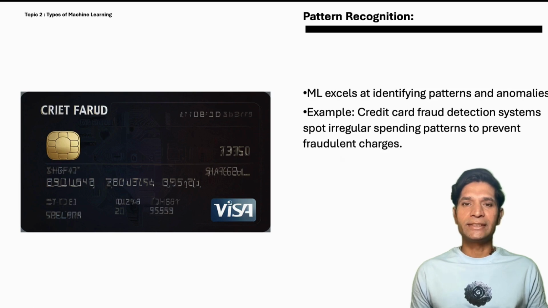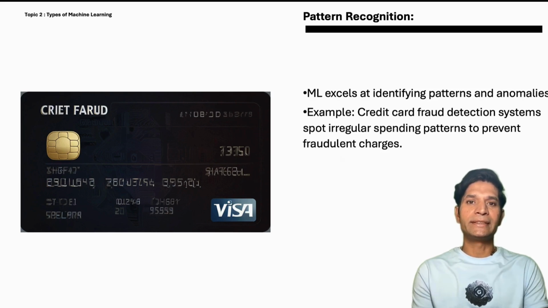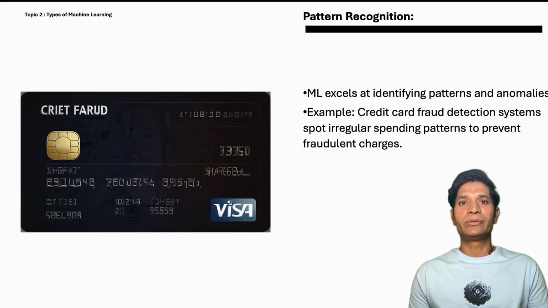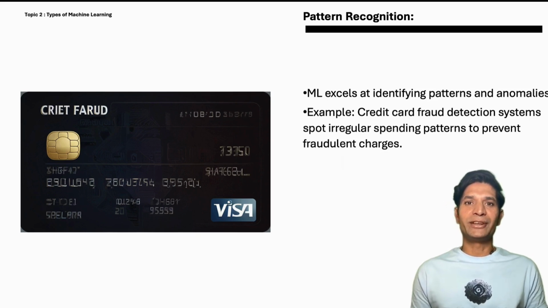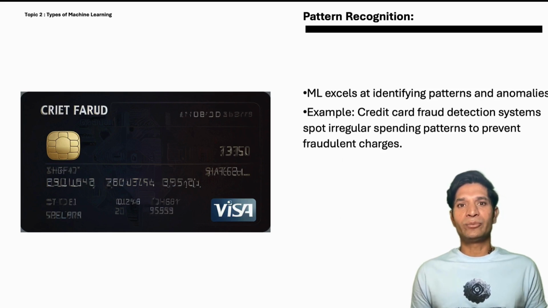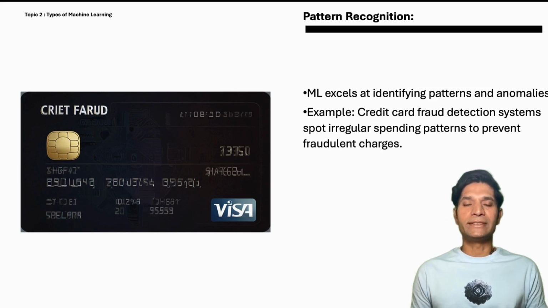And all of a sudden you see that the card is used in the US for making a payment for some burger. Of course a person can't fly to the US within a few hours. Maybe transaction 1 is at 11 a.m. and transaction 2 happens at 1 p.m., which is just 2 hours later in the afternoon. So it does detect some kind of anomaly there.